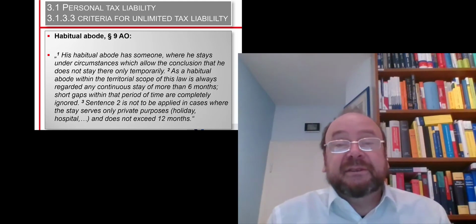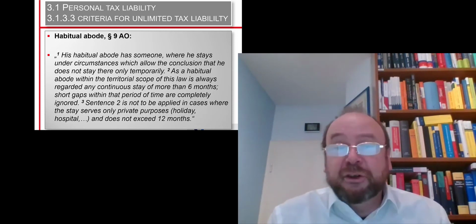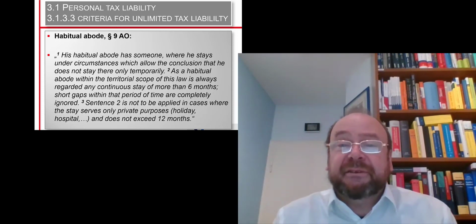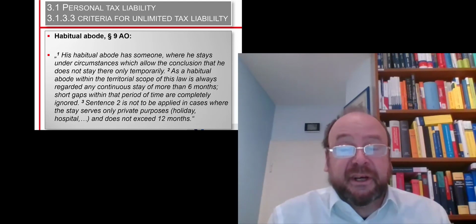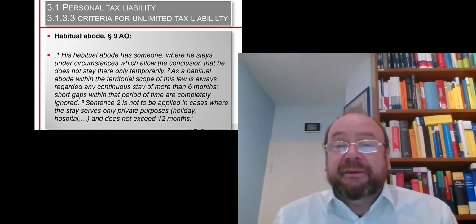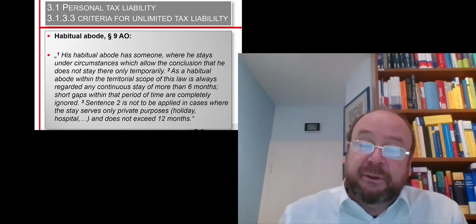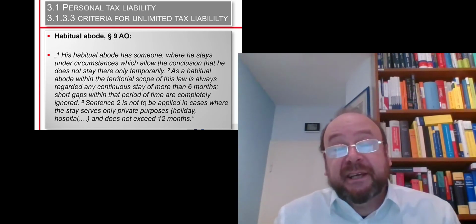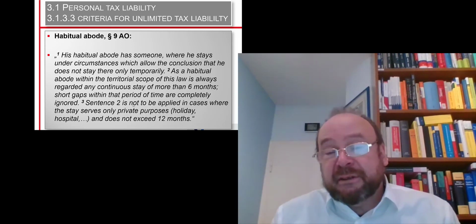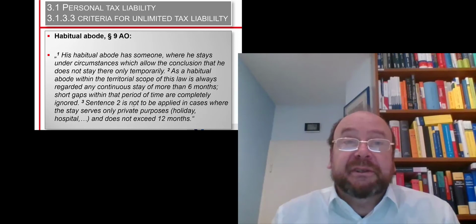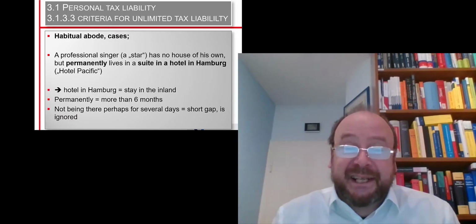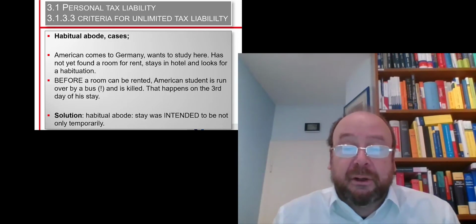Sentence 2 is not applicable if your stay has entirely private motives, and if you lie in a coma, this is a pretty good guarantee that you don't do business in the time. So the time limit is extended to 12 months. You lay in hospital only for 7 months, so you are safe. You don't have a habitual abode in Germany and you don't have a residence, so you are only taxed under the rules of limited tax liability, if at all.